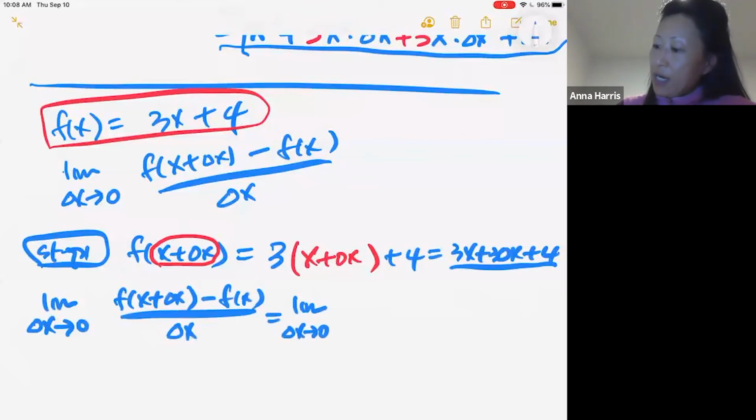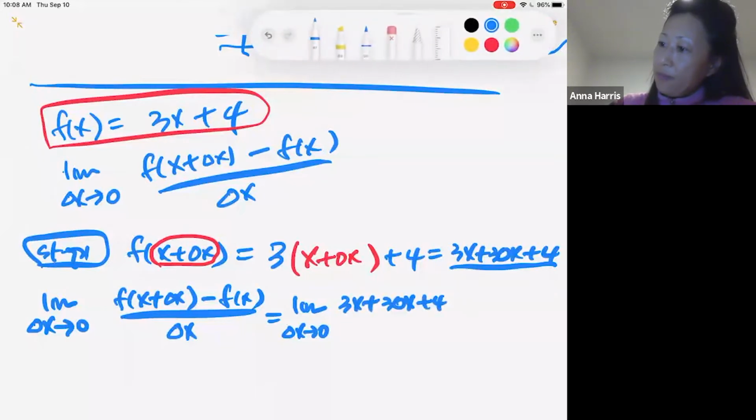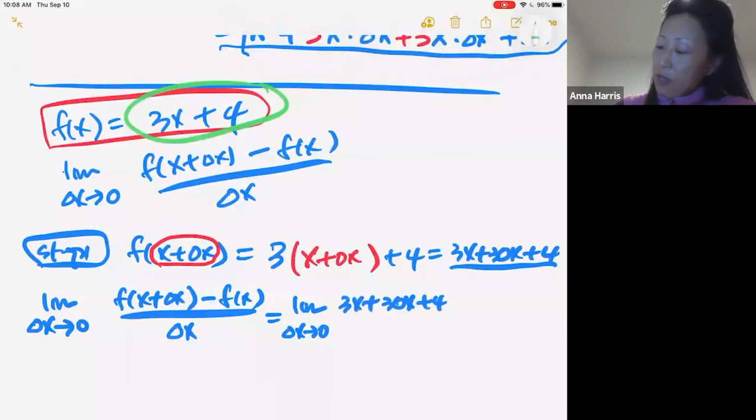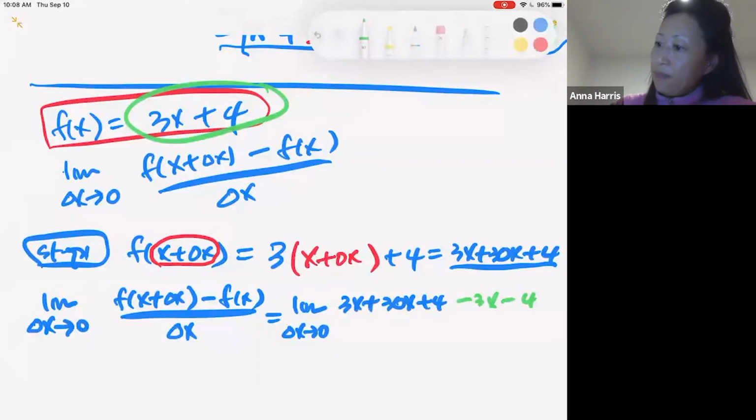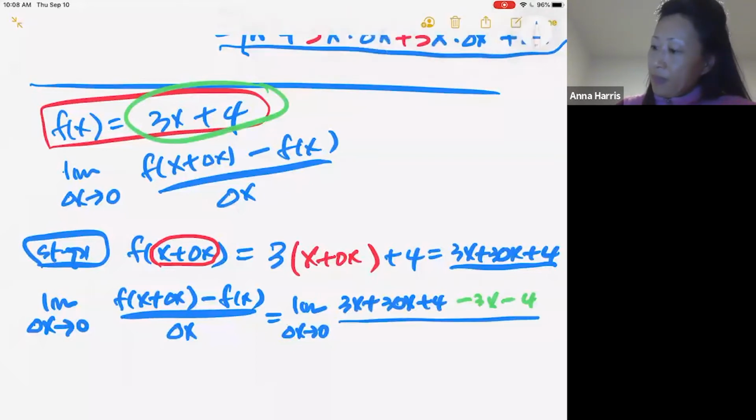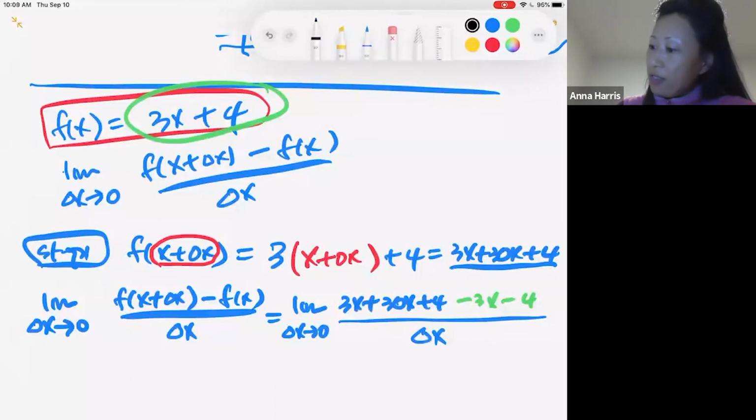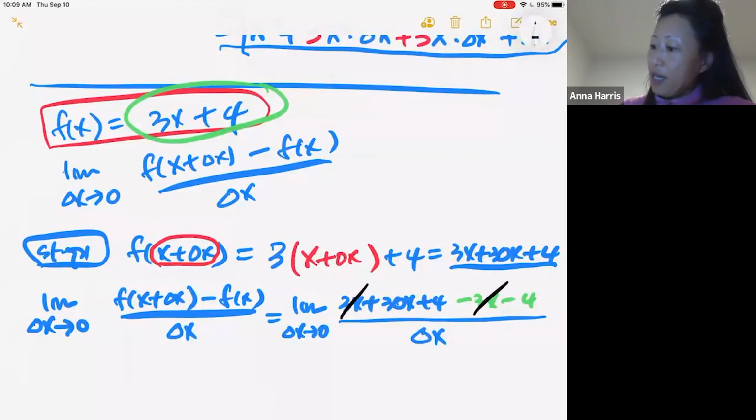I'm going to put that in, right? 3x plus 3 delta x plus 4, and then minus 3x minus 4, everything over delta x. Let's cancel out the ones that we have. That and that cancel out, that and that cancel out.